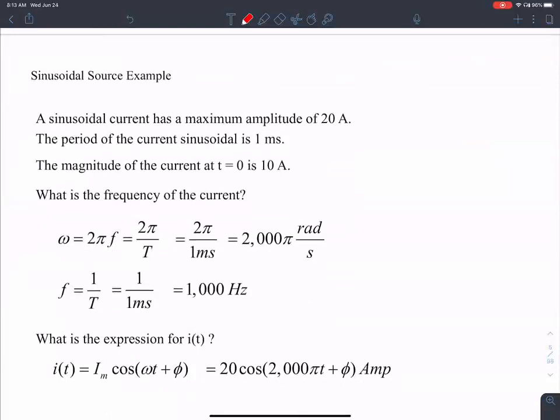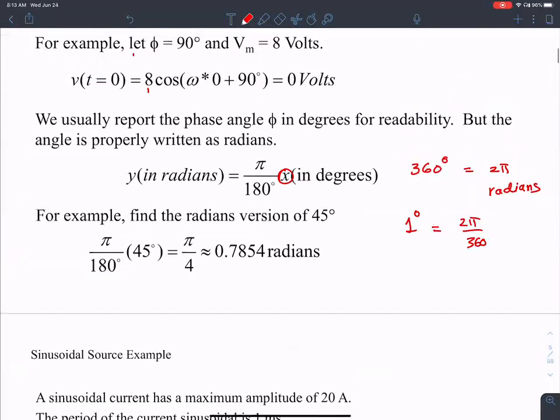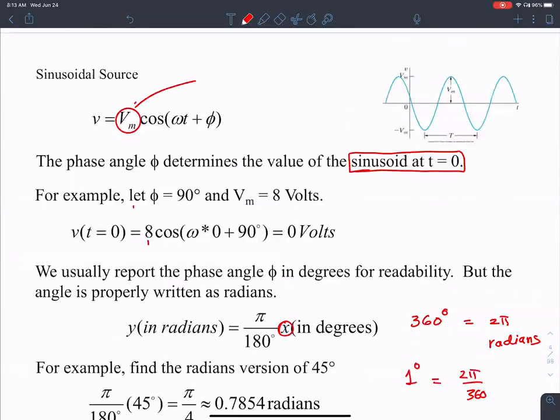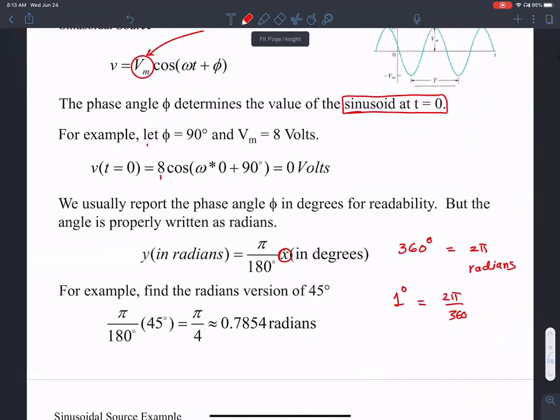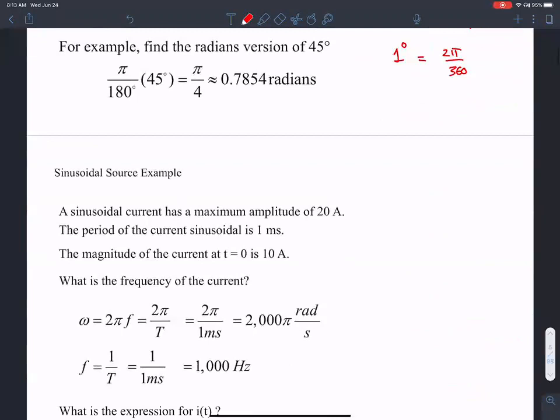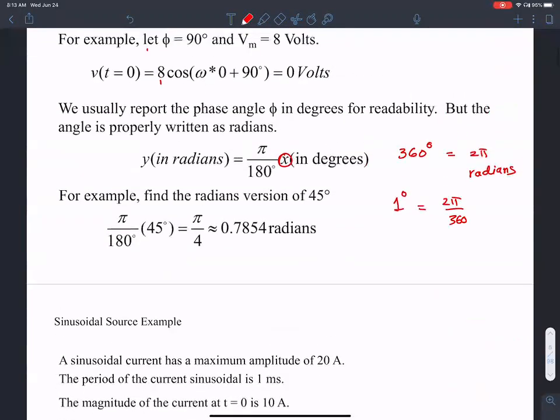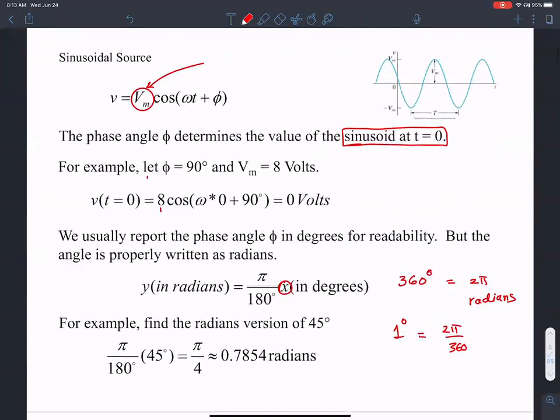Now let's look at an example. The Vm here represents the amplitude, the maximum value. When I say a sinusoidal current in this class, I mean Vm cos(omega t plus phi), unless specified otherwise.